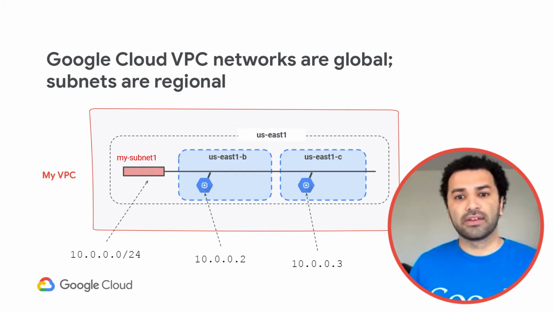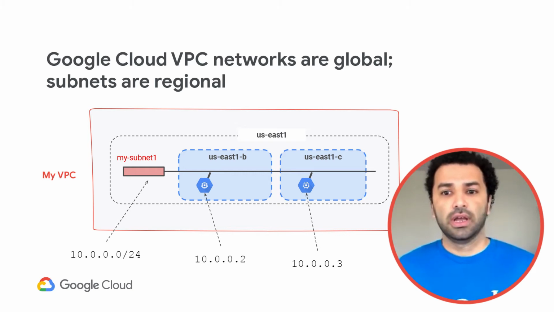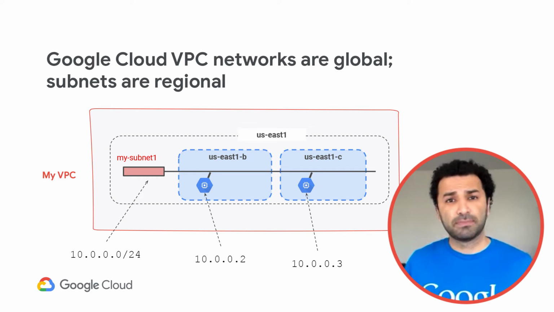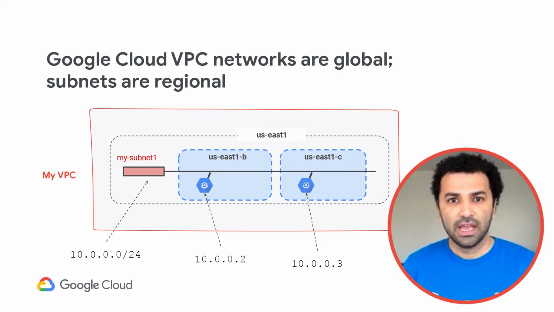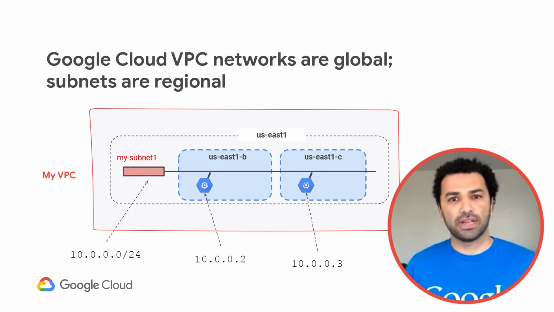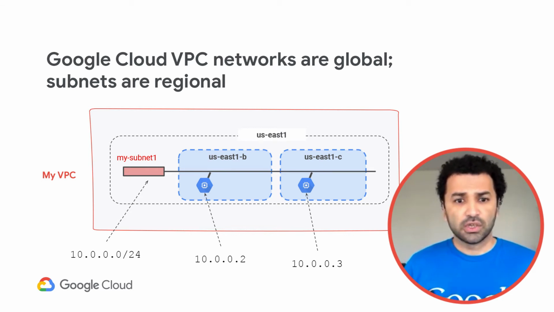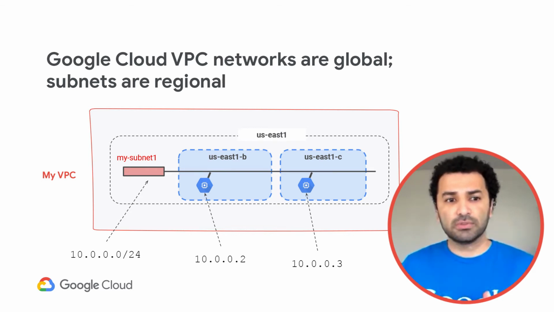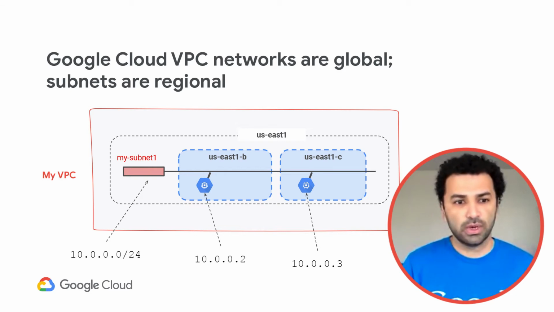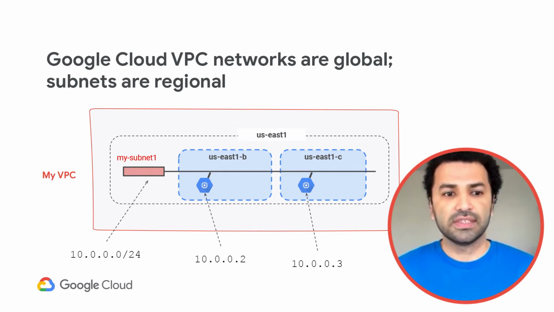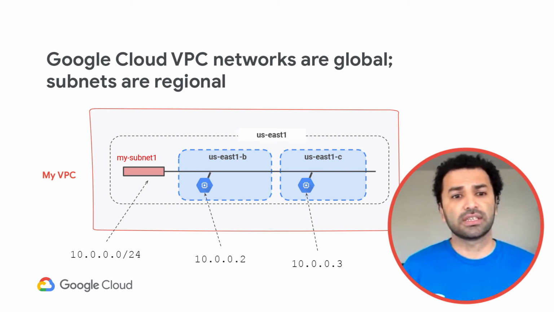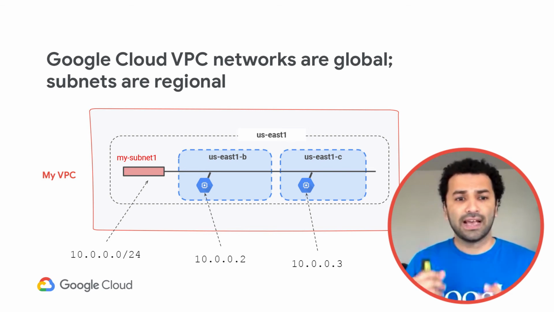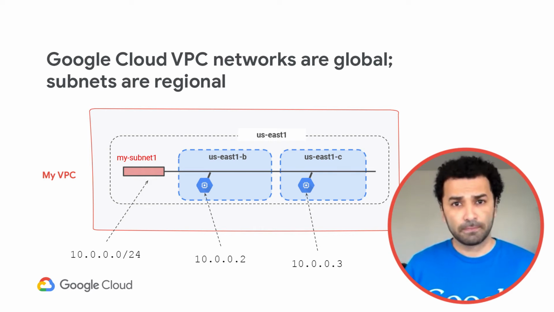You can dynamically increase the size of a subnetwork in a custom network by expanding the range of IP addresses allocated to it. Doing that doesn't affect already configured VMs. What you see here is a virtual machine in one zone with the IP address 10.0.0.2, and next to it another virtual machine in a completely different zone with the IP address 10.0.0.3.